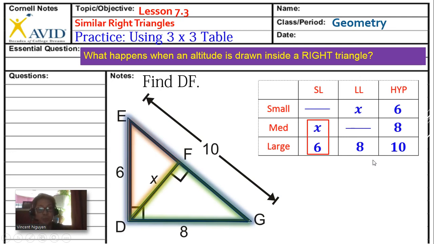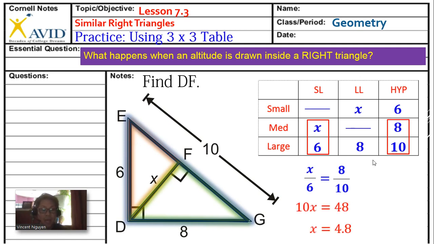So I'm going to use x over 6 and then 8 over 10. That's my proportion. Cross multiply, I get 10x equals 48. Then I divide by 10 to get 4.8. So the altitude of this triangle, which is segment DF, is equal to 4.8, whatever the unit is.